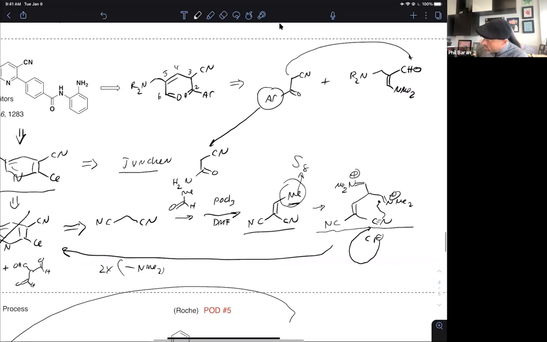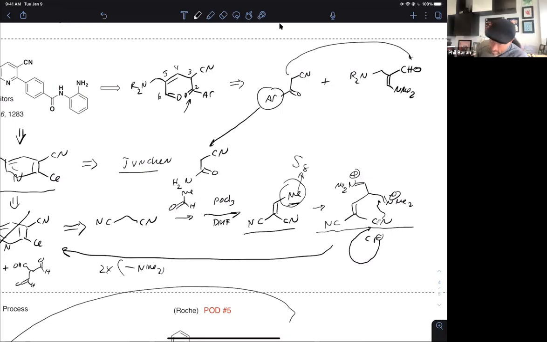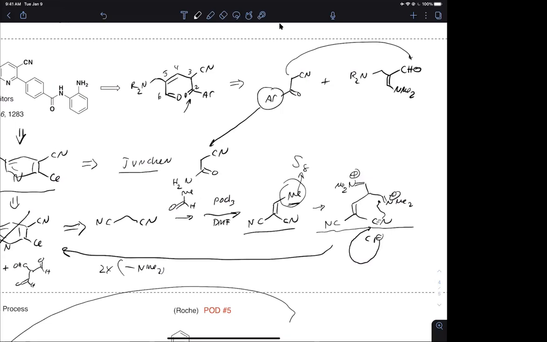Oh, Junchen's disconnection. That's a good question. So in the cyclodehydration event to make the pyridine, the ketones react faster than the nitriles. That's what you need to remember. I see. So you would definitely condense onto the aldehyde. Yes. And if you have two nitriles, you'll get an aminopyridine. I see. Okay. Thanks.